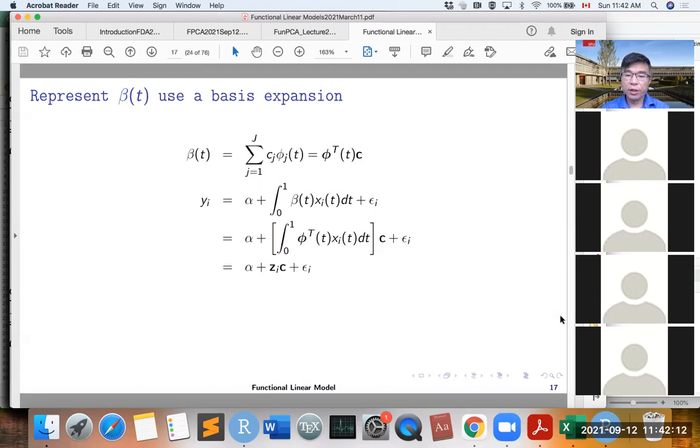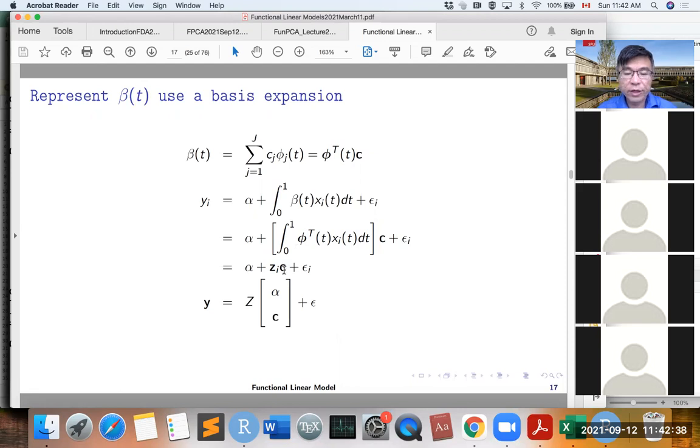Here, basically, we assume that we know xi of t, and we have defined the basis function phi of t. Therefore, we are able to calculate these integrals numerically. Suppose this integral is defined as zi.